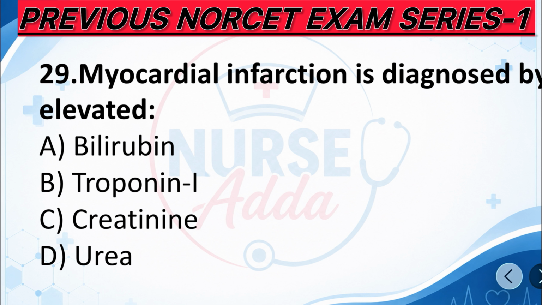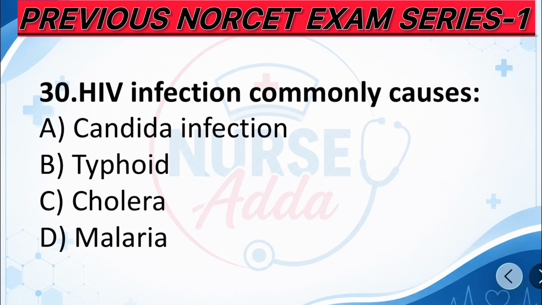Myocardial infarction is diagnosed by elevated bilirubin, troponin I, creatinine, or urea. Right answer is option B. HIV infection commonly causes Candida infection, typhoid, cholera, malaria. Right answer is option A, Candida infection.